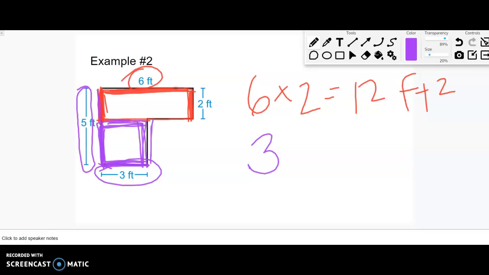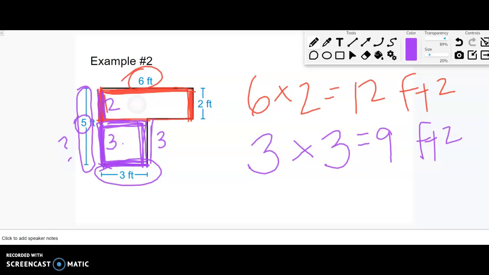But I know that this right here is 2, and 2 plus blank equals 5. That would be 3. So I know that this is 3 tall. So 3 times 3 is 9. And then I just need the total of both rectangles, in this case a rectangle and a square. 12 plus 9 is 21 feet squared. Just combining the two smaller rectangles to get the total shape.